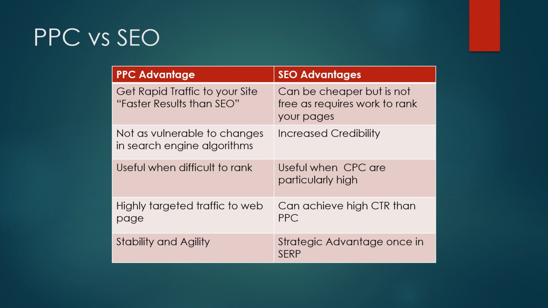Organic results tend to achieve higher click-through rates than PPC. The final advantage that I list of search engine optimization is if you do achieve a place in the SERPs or search engine results pages, you may have a strategic advantage over your competitors.